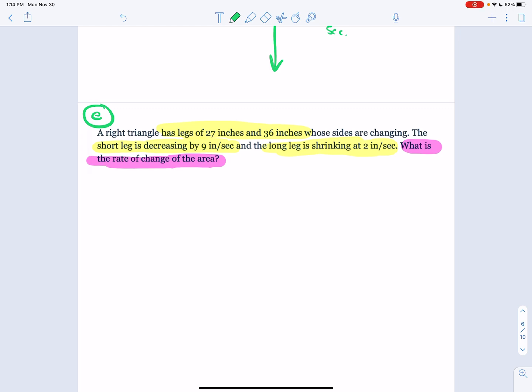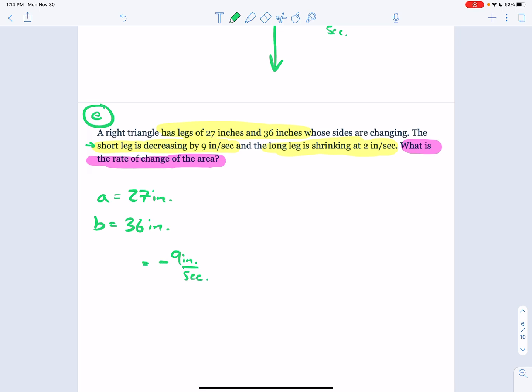Okay, so let's say A is the short leg, so that's 27 inches. B is 36 inches, the longer leg. The short leg is decreasing by 9 inches per second. Decreasing implies that it's a negative rate.